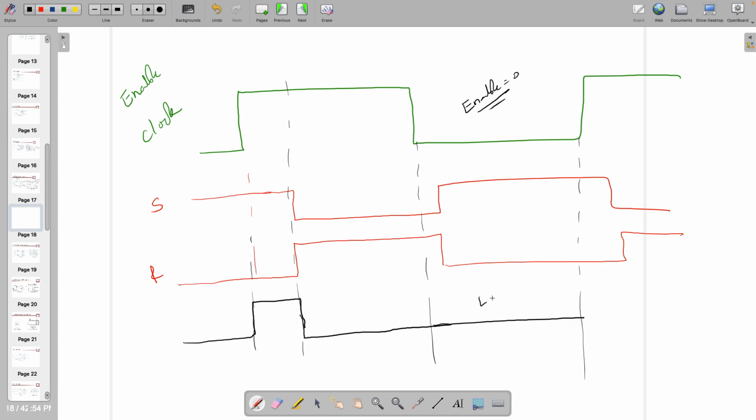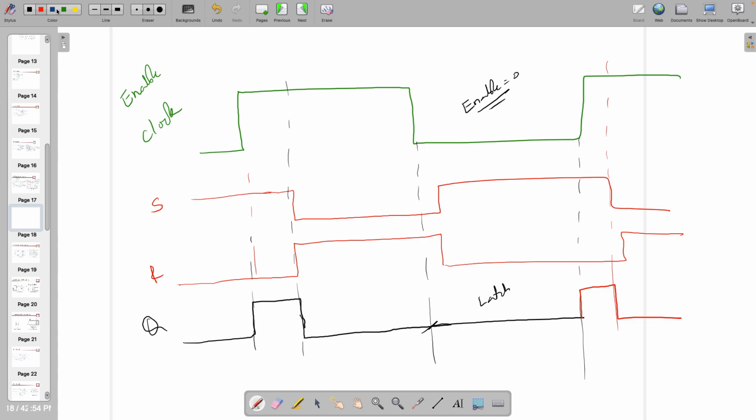So it has to latch whatever was there, and here again when it is 1, it's going to become 1 and then 0. So whatever is happening depends on the level of the clock which we are giving, logic 1 or logic 0. In logic 0, it's latching the previous thing. In the case of enable equal to 1, which is clock equal to 1, it's going to give you the output.